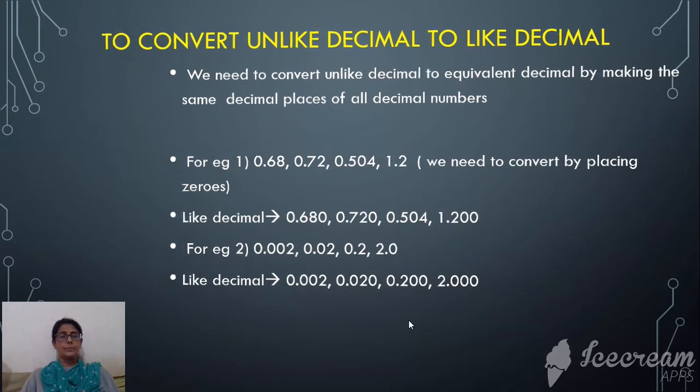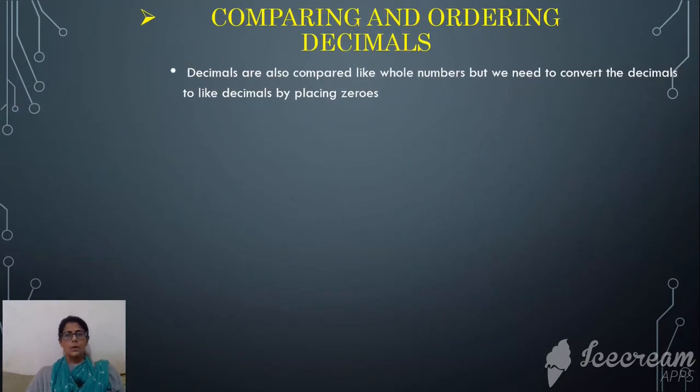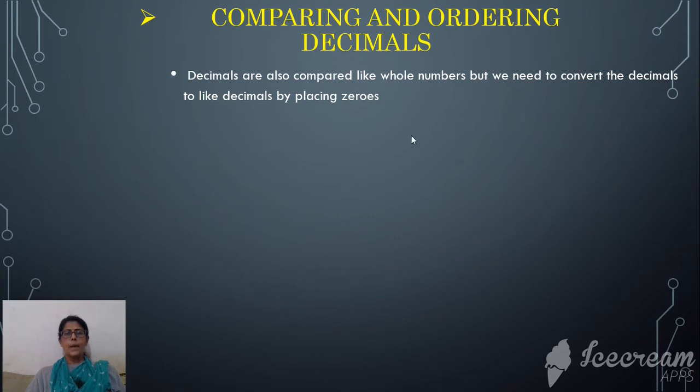Understand? Now I will explain comparing and ordering decimals. So decimals are also compared like whole numbers, but we have to convert the decimals to like decimals by placing zeros, right?